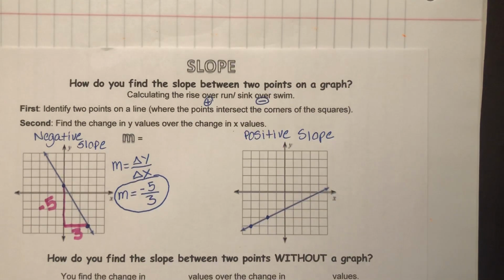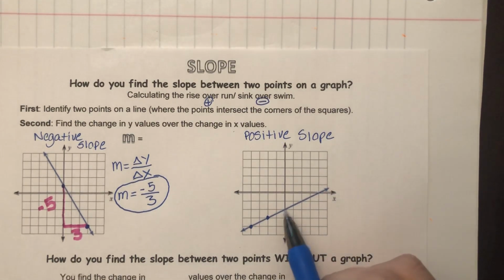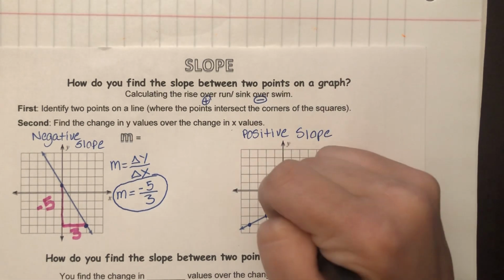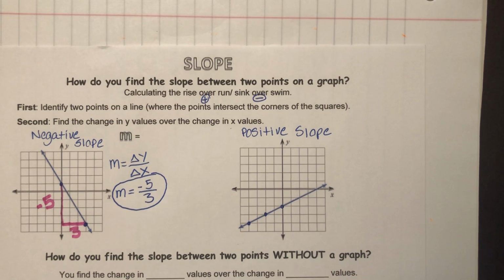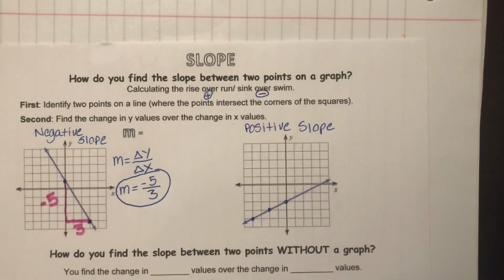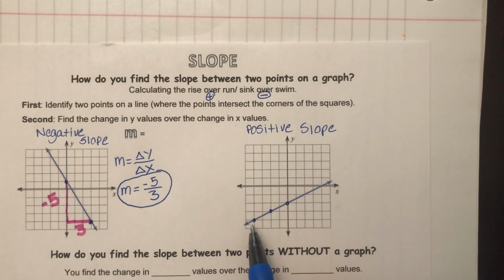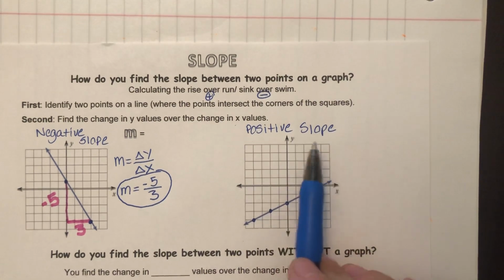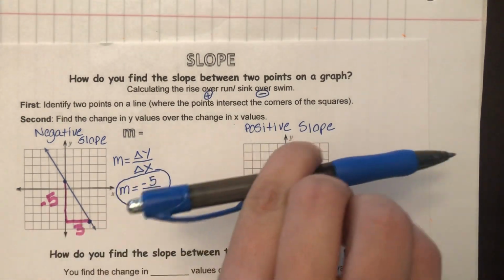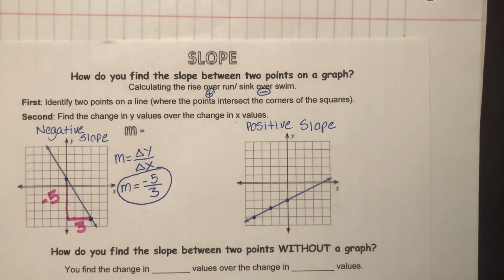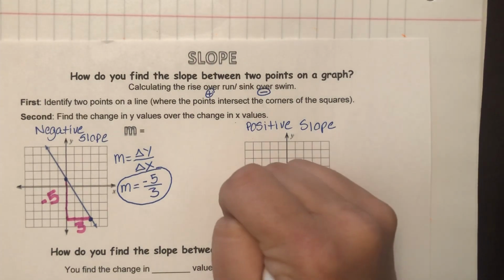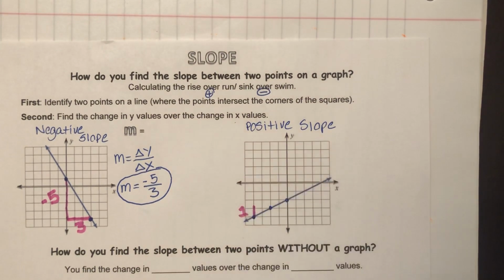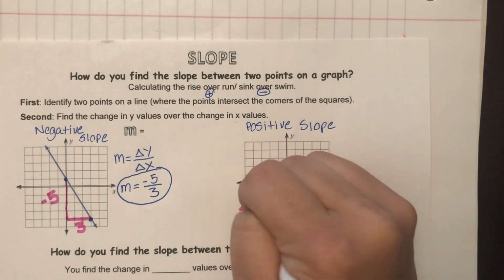Now, if you found a different point, say you found a point over here, you can still calculate the slope of that line. You will still get the same thing. You'll just need to simplify. And I can show you what I mean. So let's calculate our slope here. Remember, it's positive, so it's rise and then run, up and then right. So from one point to the next, we're going up 1 unit, so that's a +1, and then we're going over 2 units.